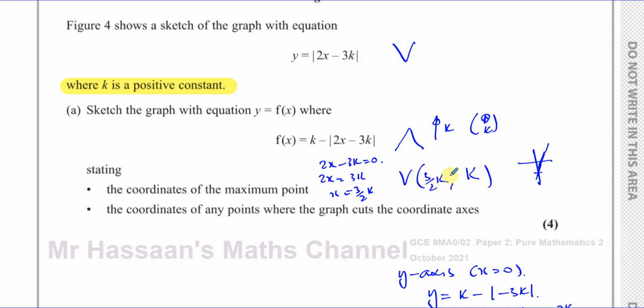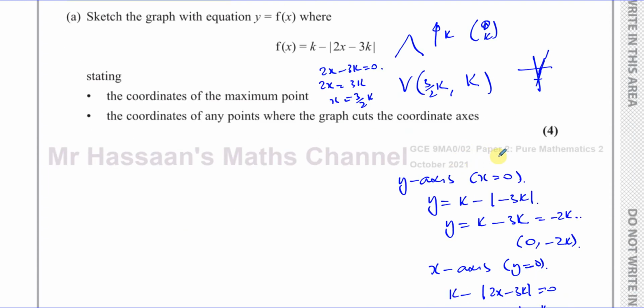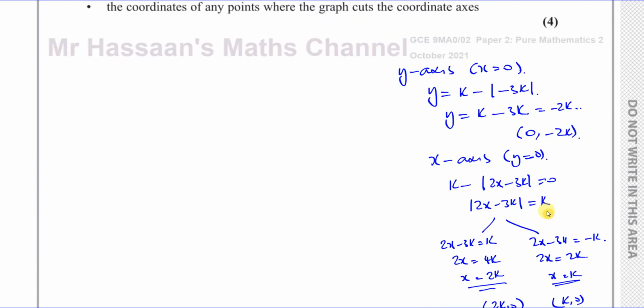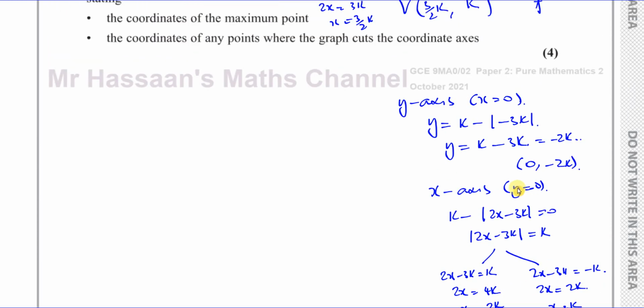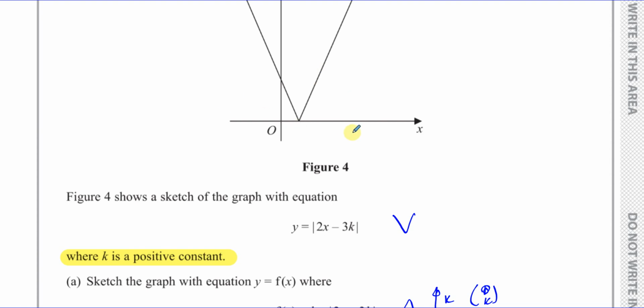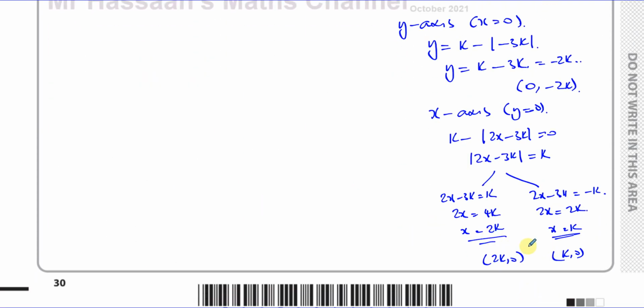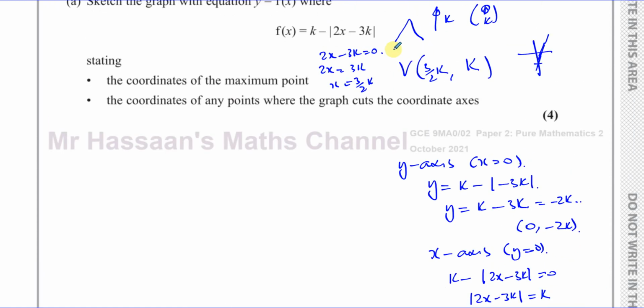And we can confirm it by looking at the halfway point between these two. Because it's symmetrical, halfway between them will be the x-coordinate of the vertex. So halfway between k and 2k is 3k over 2, which is what we found there.